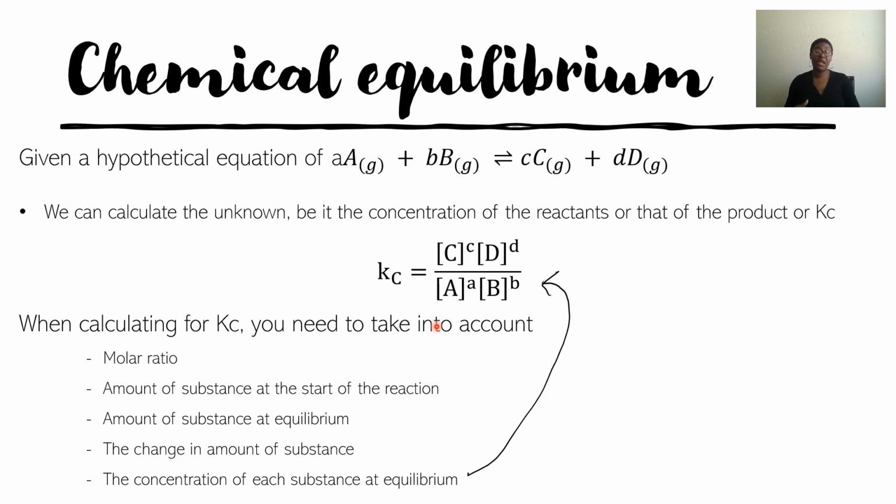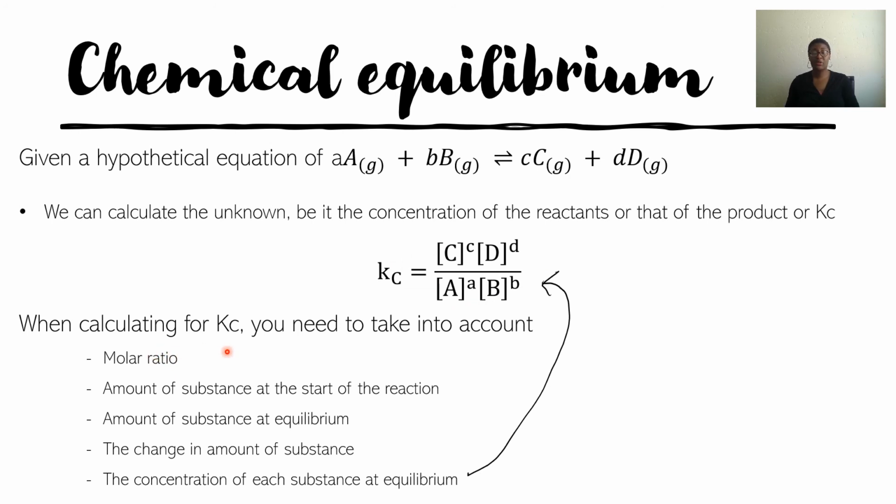If you are looking for the concentration of your reactants, then you will have the concentration of your products divided by your equilibrium constant. So you work your way around to figure out what you might be looking for. Usually you will be asked for the equilibrium constant. Remember that when you are looking for the equilibrium constant, any reactants or products that are pure liquids or pure solids do not come into your equilibrium constant formula. You only deal with your gaseous reactants and gaseous products in your equilibrium constant.